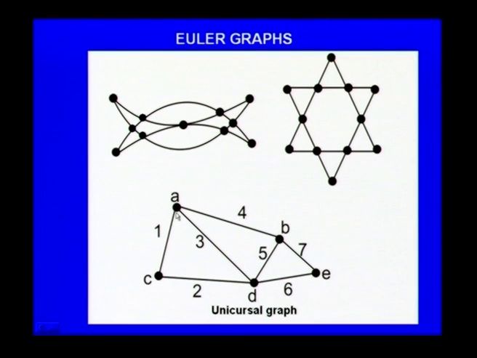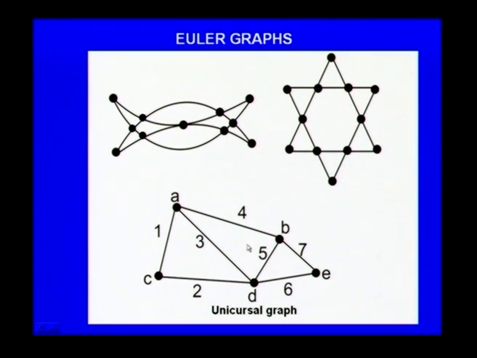Here you can start from A and end in B, and you can cover all the edges. Start from A, 1, 2, 3, 4, 5, 6, 7. This is a walk, but it does not start and end at the same position.